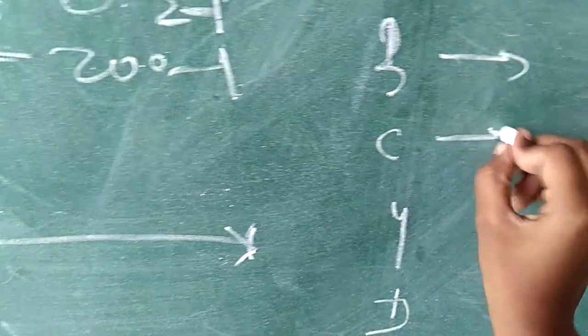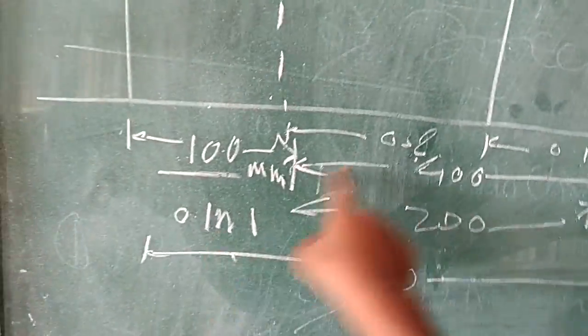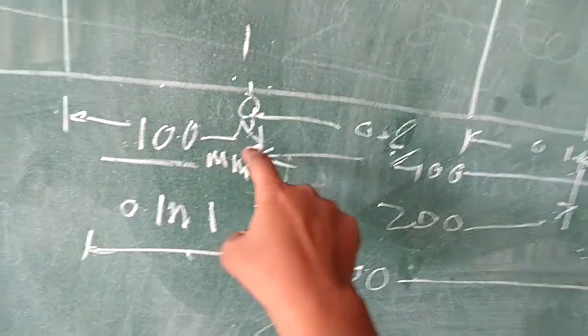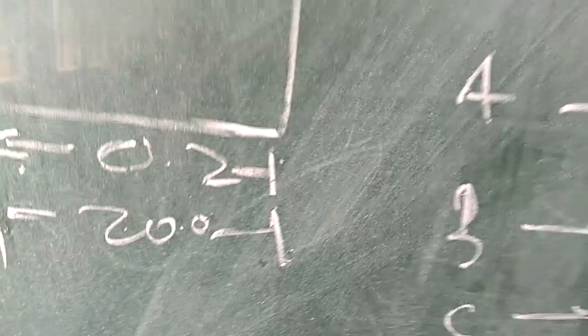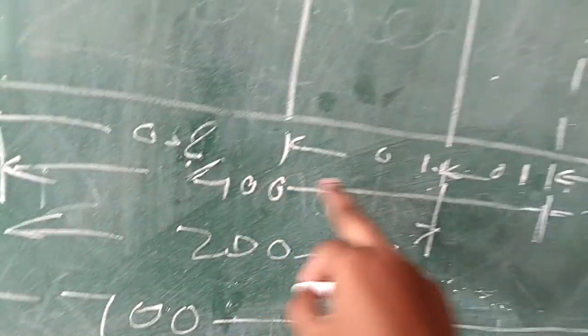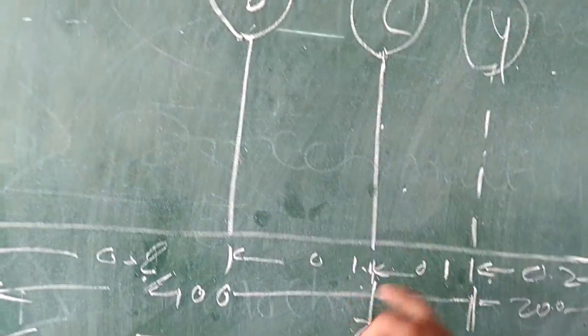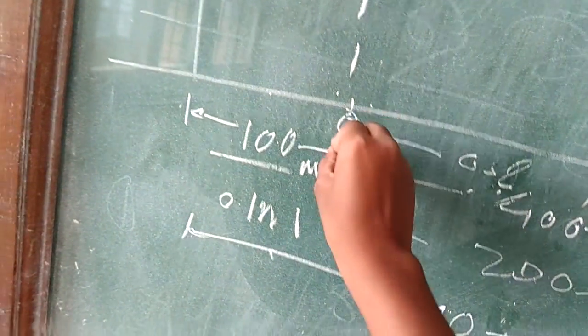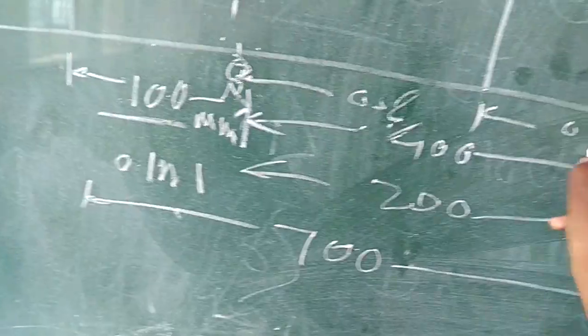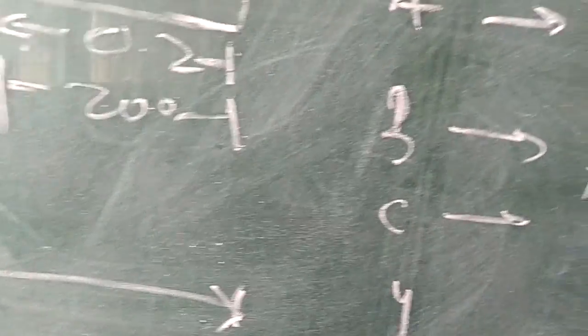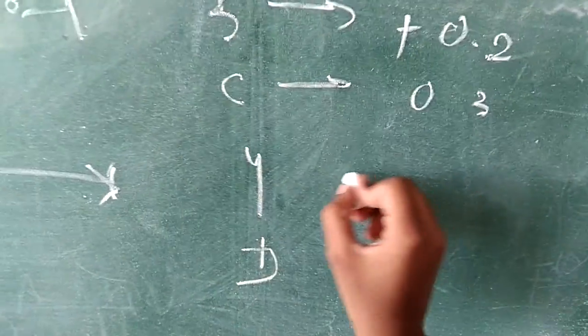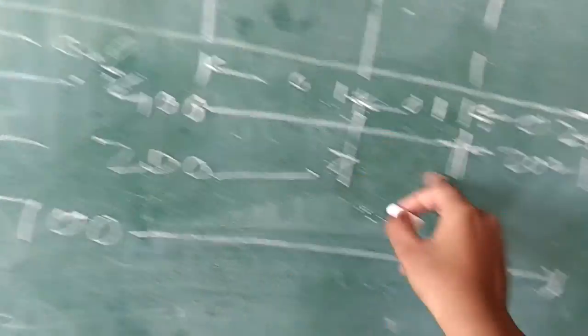For B, measuring from here it will be 0, and from there B is 0.2. From B to C it is 0.1, so measuring from this point, 0.2 plus 0.1 is 0.3.